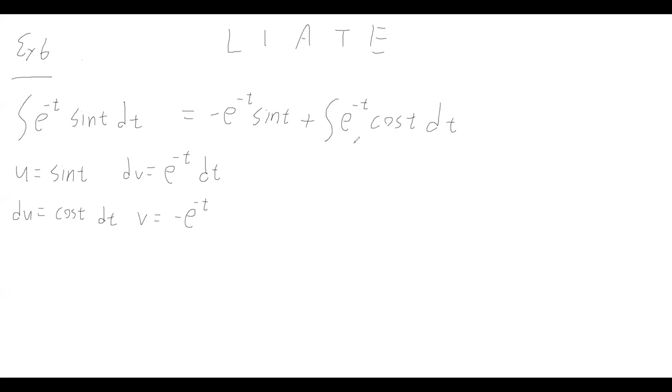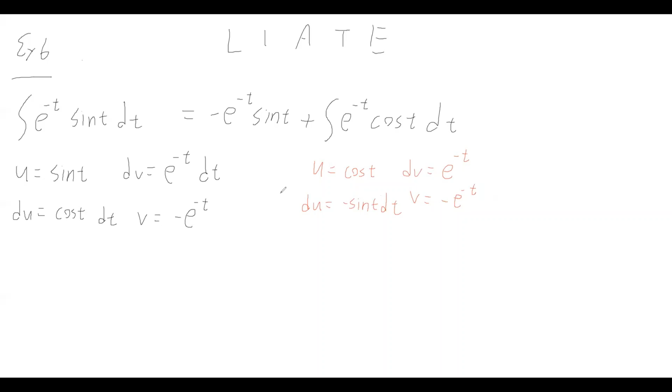All right, so here another exponential with trig. So we have to perform integration by parts again, right? So let u be the trig function, cosine t, dv is e to the negative t dt, du is negative sine t dt, and v is negative e to the negative t. Forgot dt here. All right, so let's see.